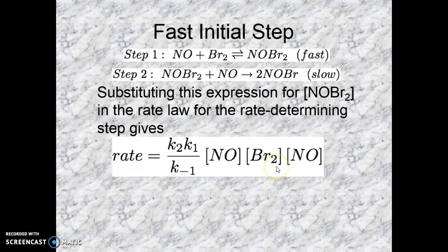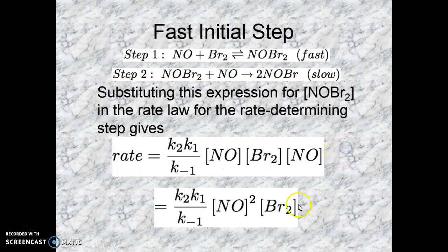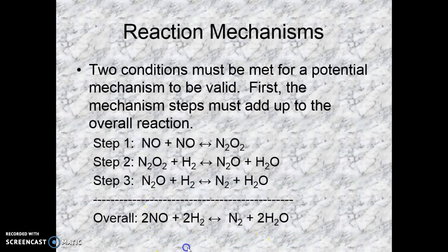So look what we've just done. We have NO times NO, or we have NO squared, times Br2. That's our rate law for the reaction. So that's how you wind up with that.